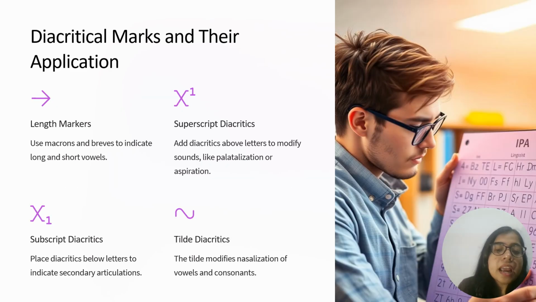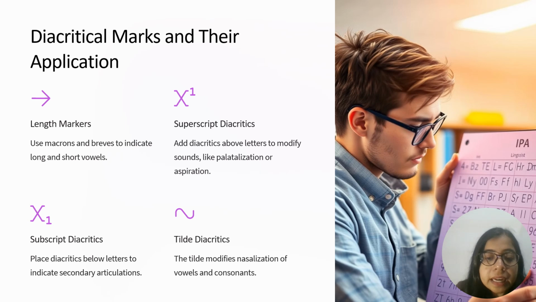Next is diacritical marks and their applications. First, we see this arrow, known as length markers. Use macrons and breves to indicate long and short vowels. Then the X with a power of 1, known as superscript diacritics.